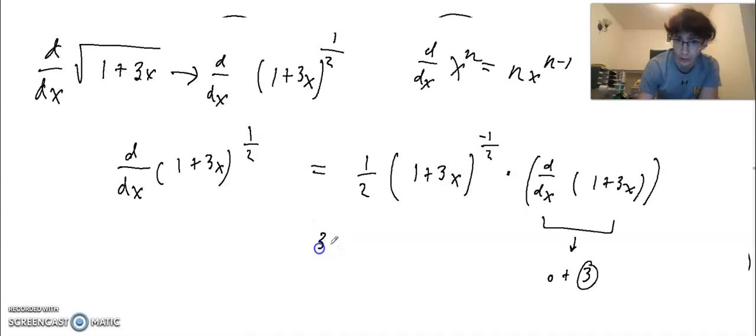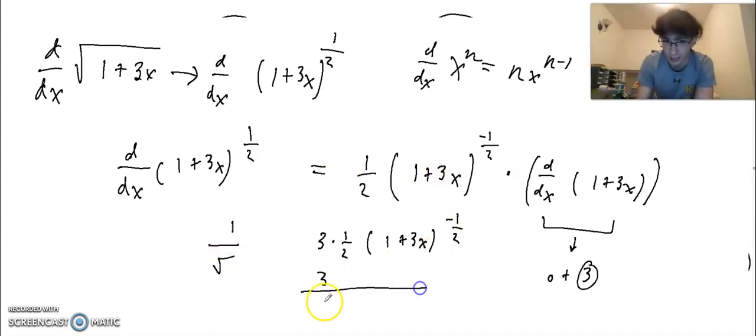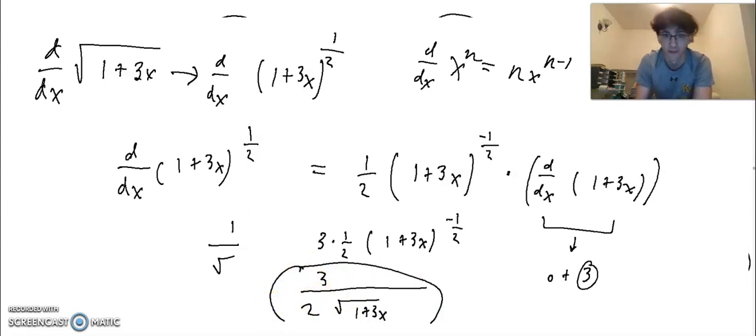So we get 3 times 1/2 times 1 plus 3x to the negative 1/2. And negative 1/2 is just a square root in the denominator, so let's finally rewrite this as that. So that's our final answer.